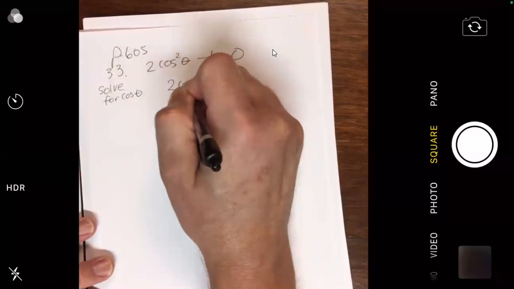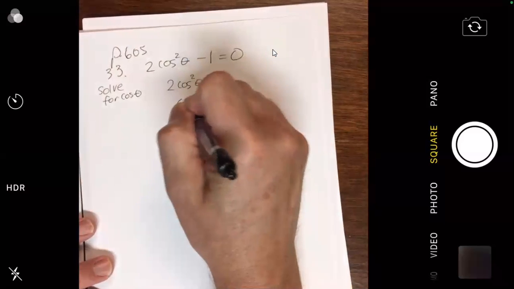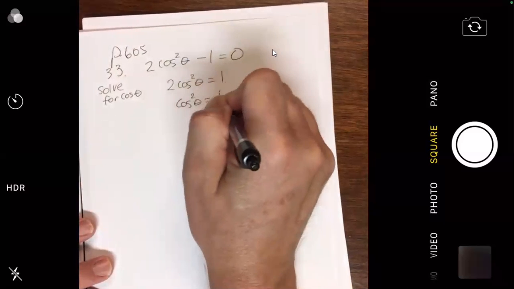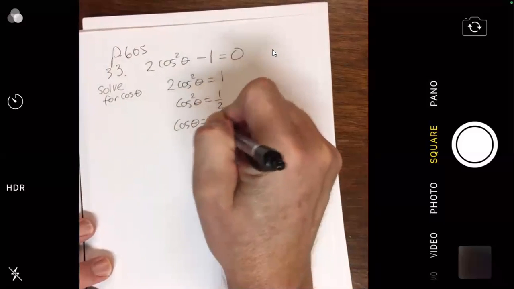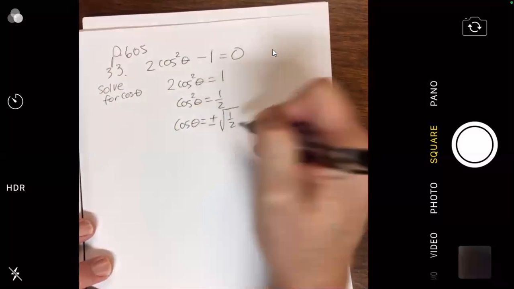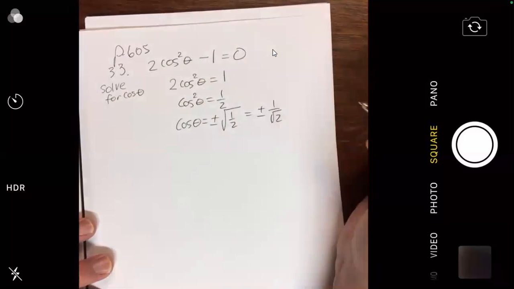That means twice cosine squared theta would equal 1. Cosine squared theta then is 1/2. Cosine theta would be plus or minus square root of 1/2, which is plus or minus 1 over root 2.